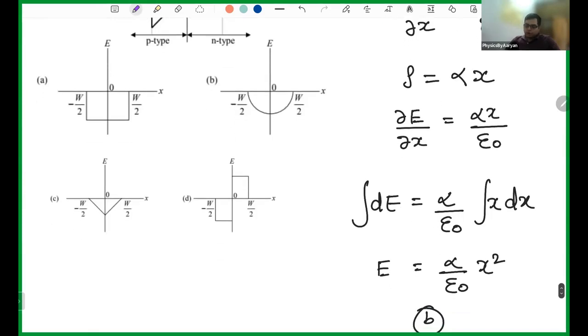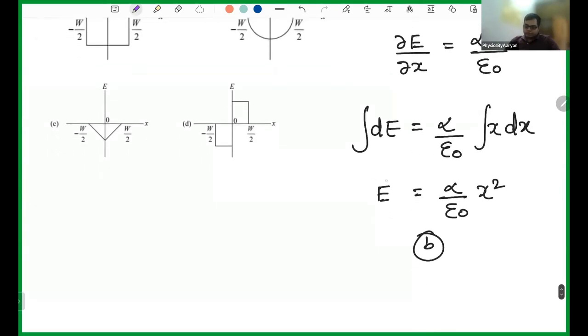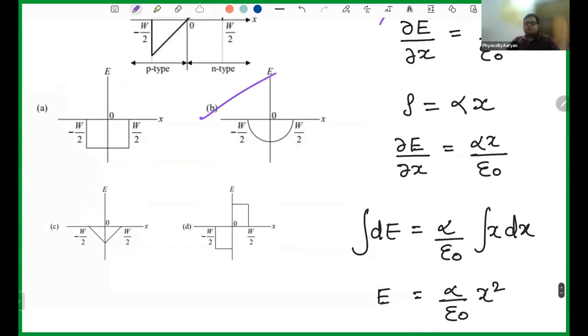I keep dE on one side and dx on the other, and integrate both sides. This gives the electric field, and the integral of x is x squared. So your electric field varies as x squared. Which graph will it be out of the four? If the electric field varies as x squared, it will be a parabola, which is option D.